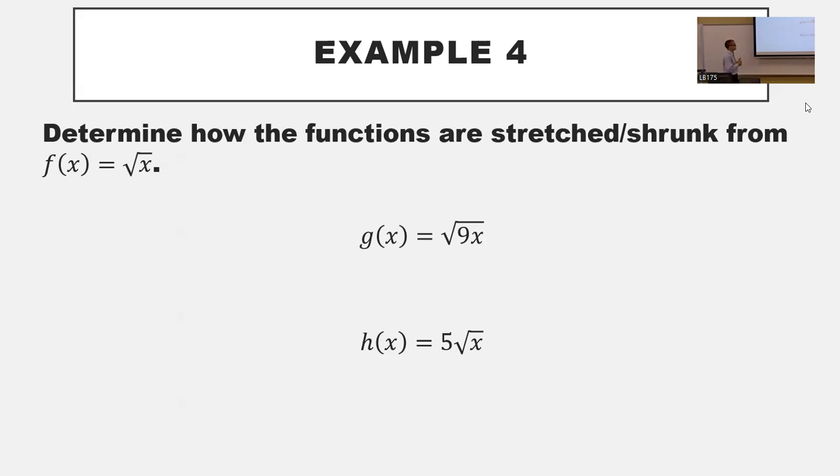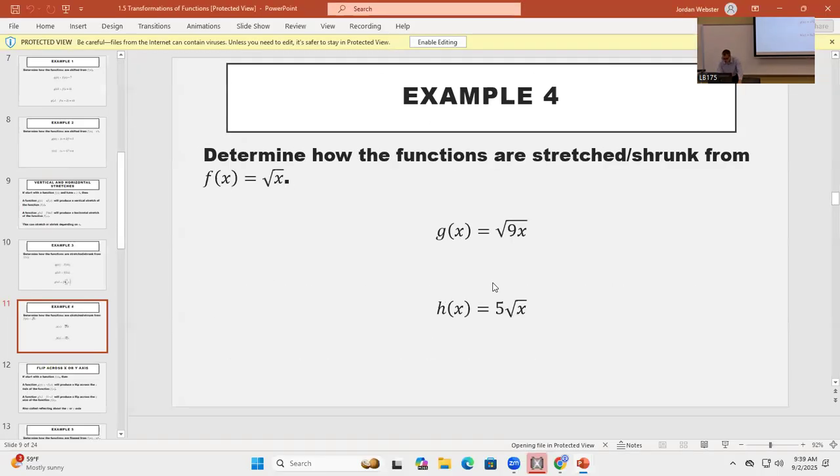H of x is a vertical, and it's a stretch of a factor of 5. That makes sense? All of the y values are going to get multiplied by 5. And you can always check that by just graphing each.